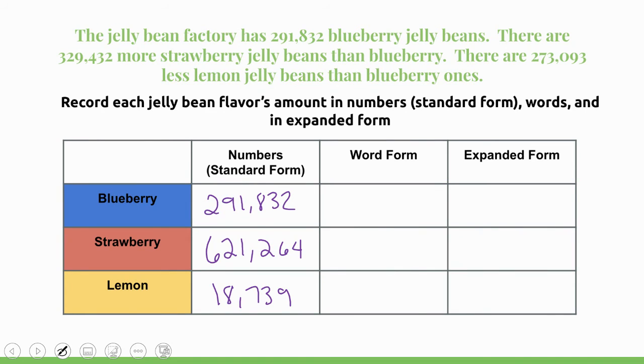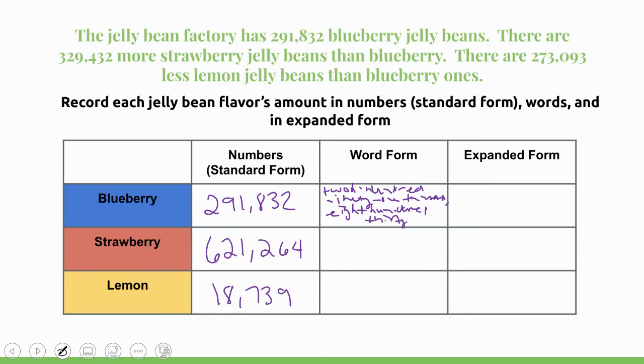Alright, so now I'm going to put these in word form and expanded form. So, word form, two hundred ninety-one thousand, eight hundred thirty-two.